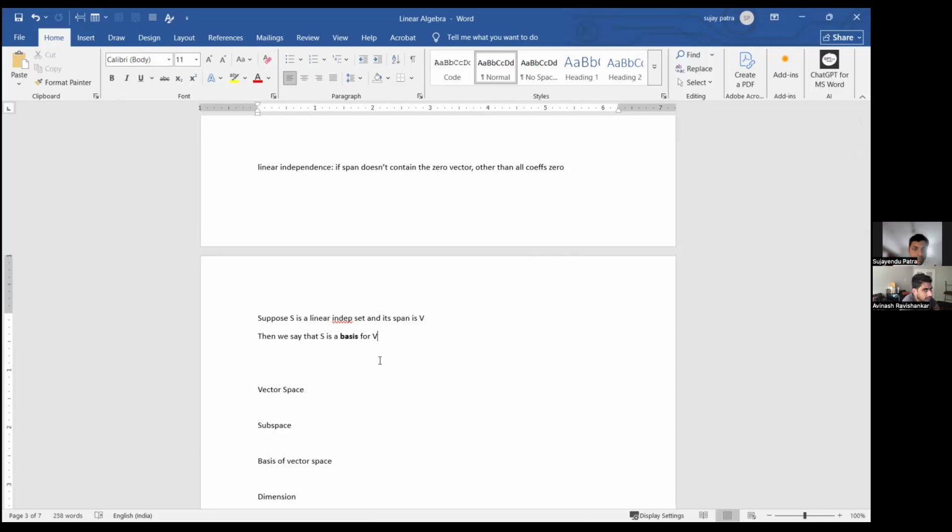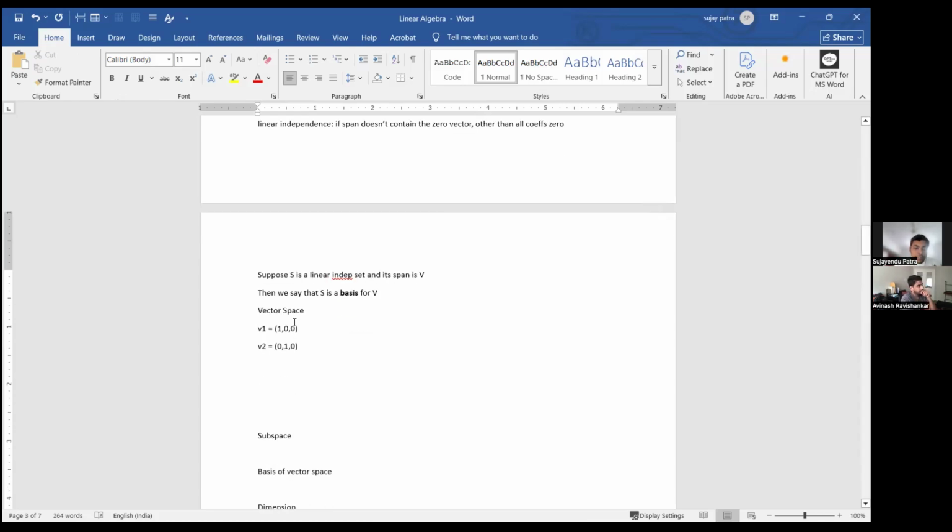So we have understood what the vector space is and what is the basis for a vector space. I will give you some simple example. Let's say V1 is (1, 0, 0), and V2 is (0, 1, 0). Okay.